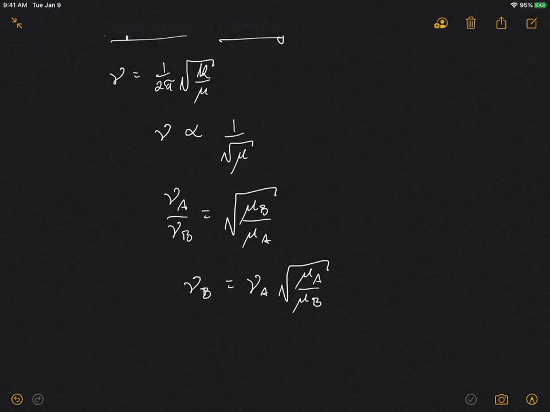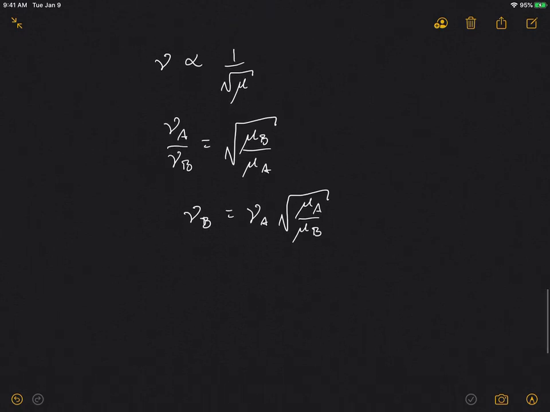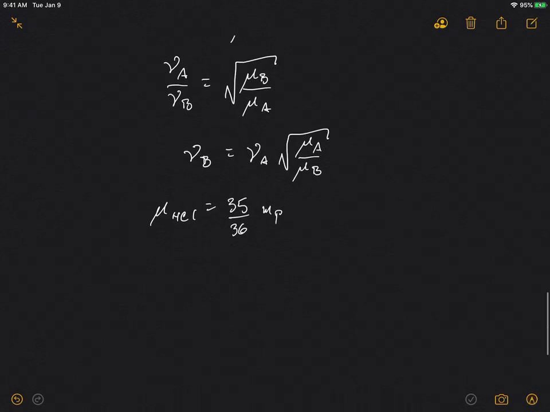Okay. So then mu HCl, remember, is 35, 36 times the mass of a proton, and so our mu DCl, that's very close to the mass of a proton.